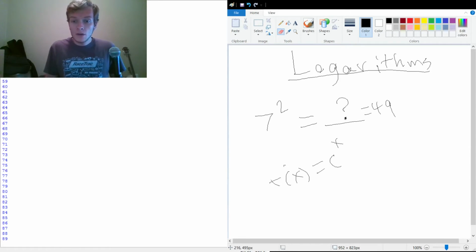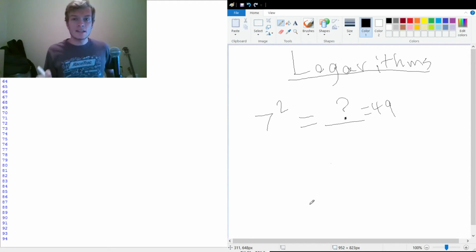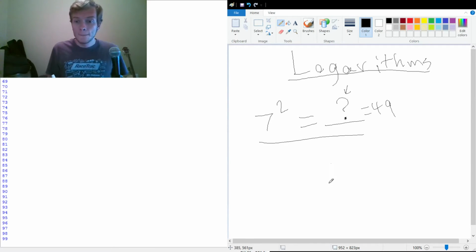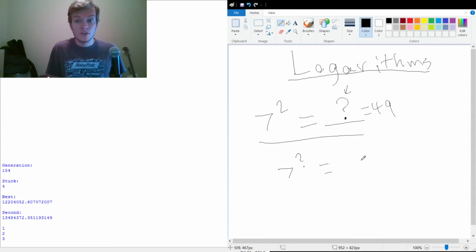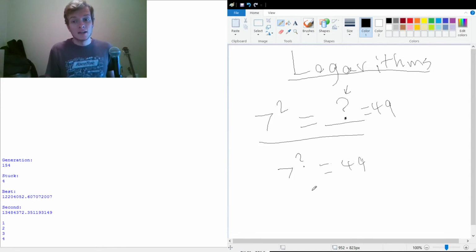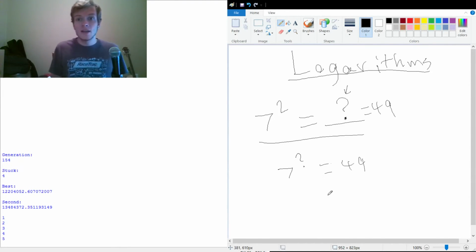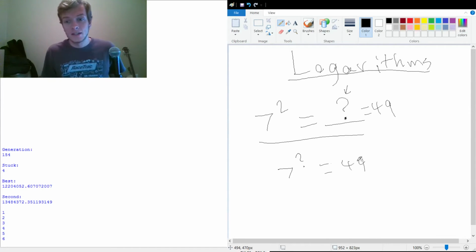So what logarithms are is somewhat the same thing, but a little bit different. It's a confusing topic because we're not talking about an entirely new topic from this equation. We're actually just moving where the question mark is. So a logarithm is basically saying 7 to the what equals 49.